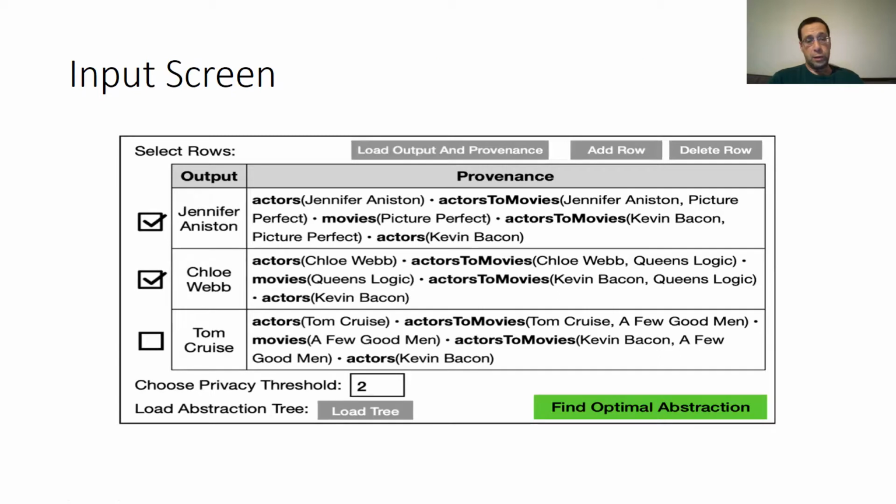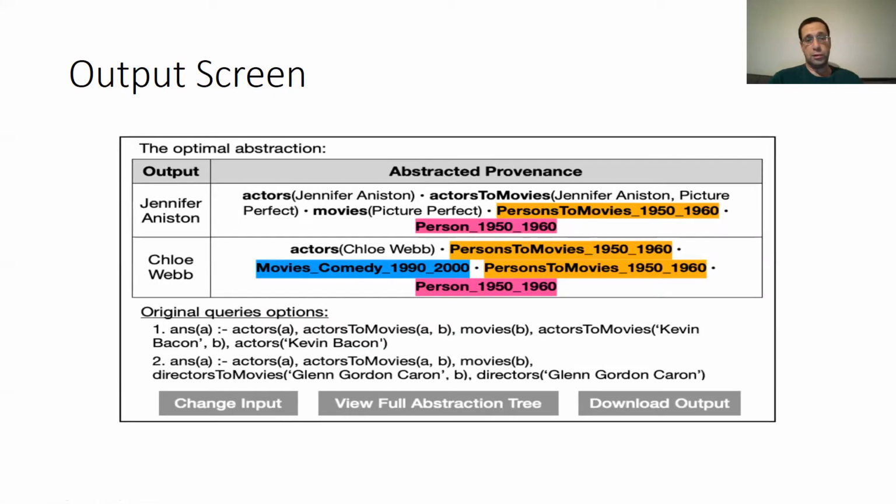So here's a quick example over the IMDb database. The user chose a couple of tuples for which they're interested in showing the explanations, set the privacy threshold, and the system proposes an abstraction.